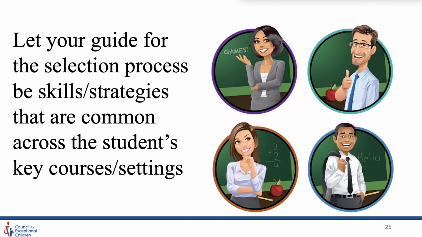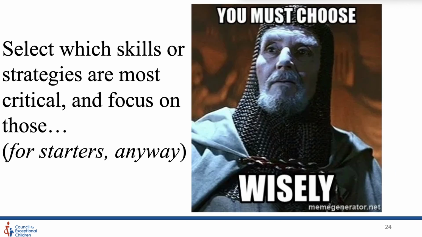So how we select really should be based on input from a range of educators across the IEP team and across the school day that the student is in, but also getting input from the family members to realize, hey, these are skills that they're going to need at home, at school, in the community, and then beyond school. So making good decisions is the first thing that you really want to think about. Is this skill or strategy a good candidate for, we want to give a lot of attention and a lot of time to this because it's going to pay off.